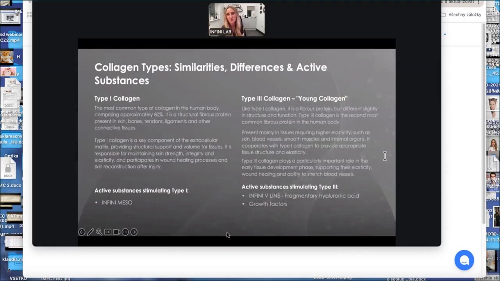I would also like to mention succinic acid, so in Infini Amber. I don't plan to use it today in the treatment, but I would like to mention it because I think it's an amazing product, and I cannot imagine my everyday work without it.